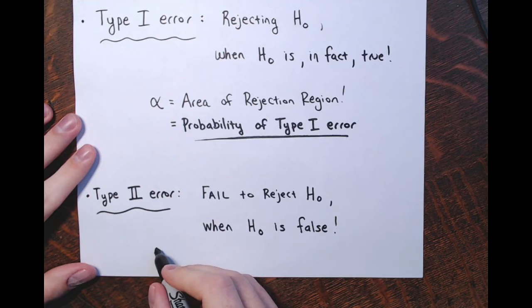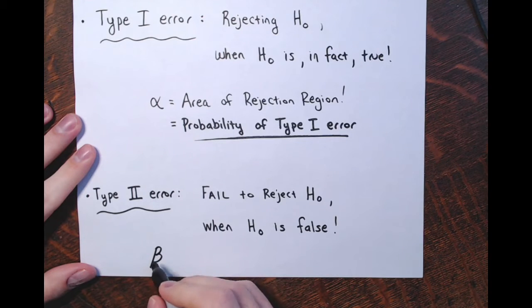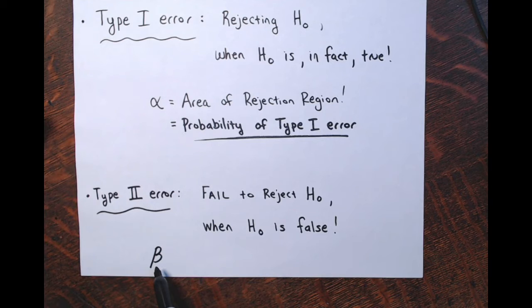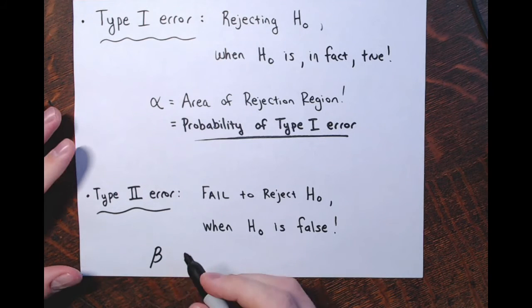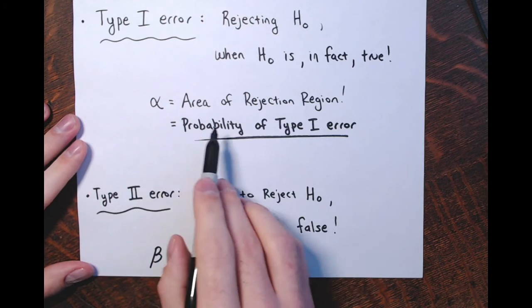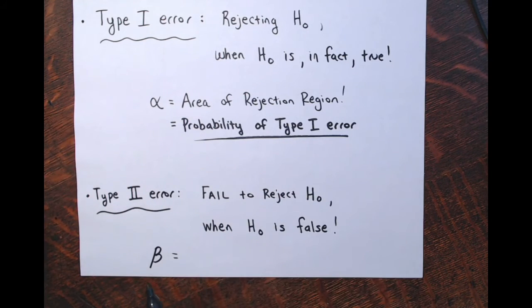And now you're going to see a new Greek letter. This is the Greek letter beta. It just looks like a fancy B. Alpha represented the probability of making a type 1 error.